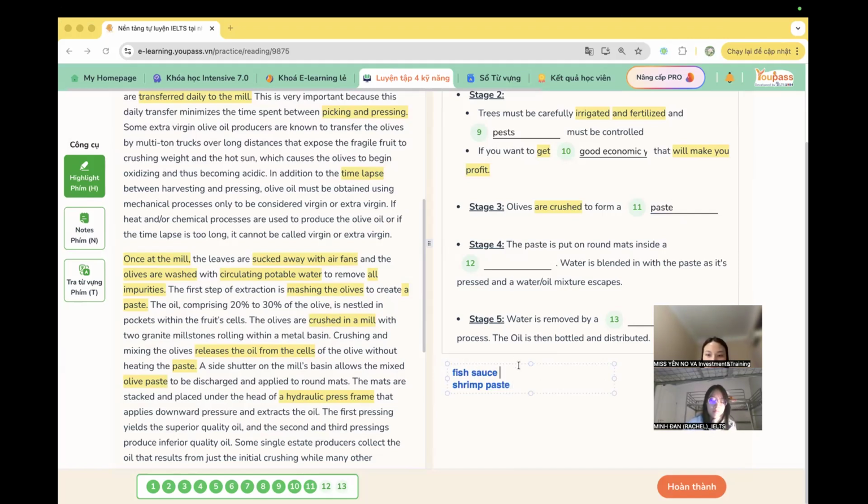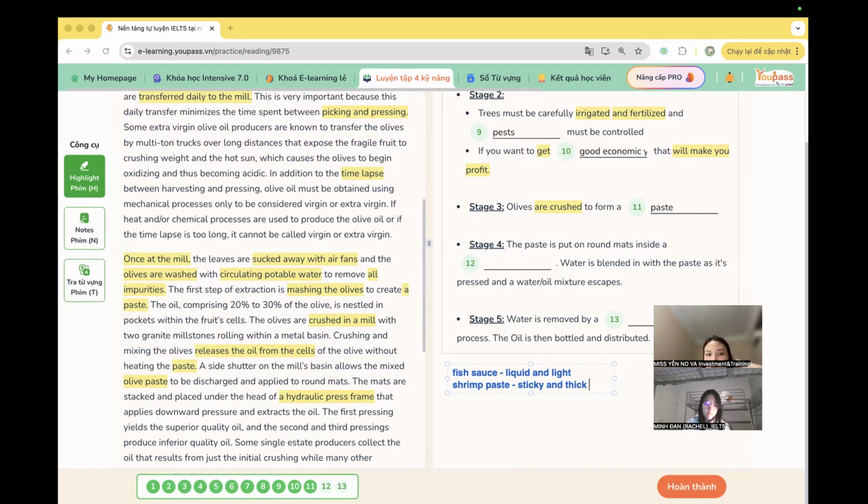Sauce is like liquid and light, but paste is sticky and thick. Fish sauce nước mắm is liquid and light, but shrimp paste, the texture is sticky and thick, right? Okay.